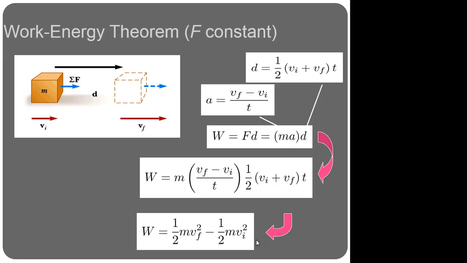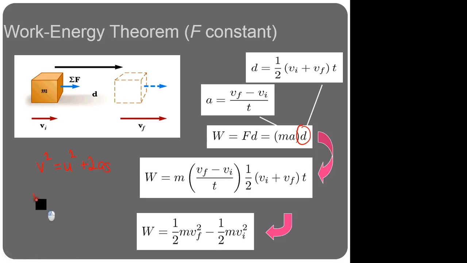There is a simpler derivation. Instead of using these two equations, you can actually use this. Have you learned the equation v squared equals u squared plus 2as? I believe you have.